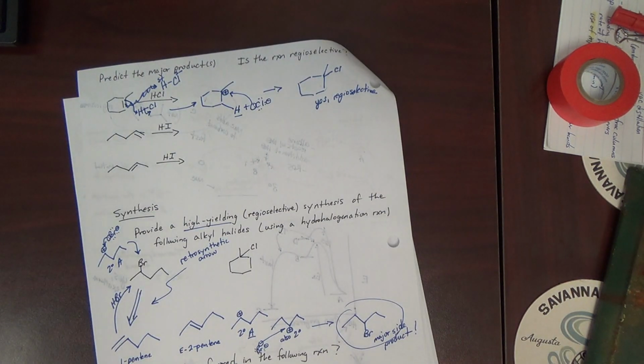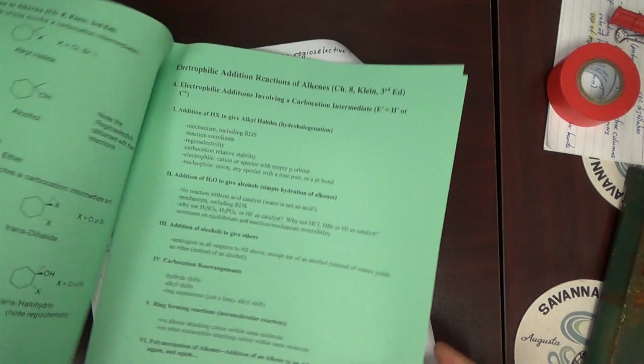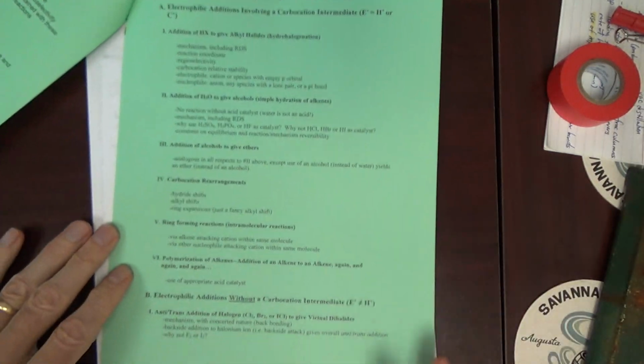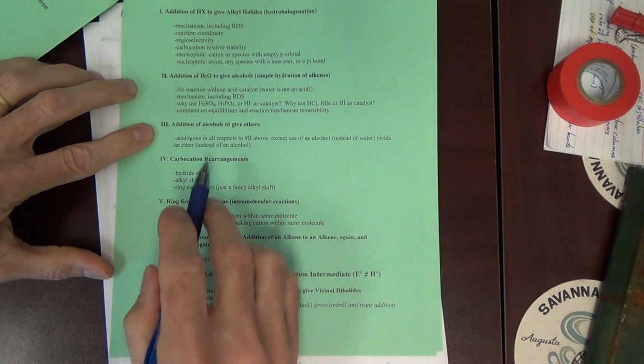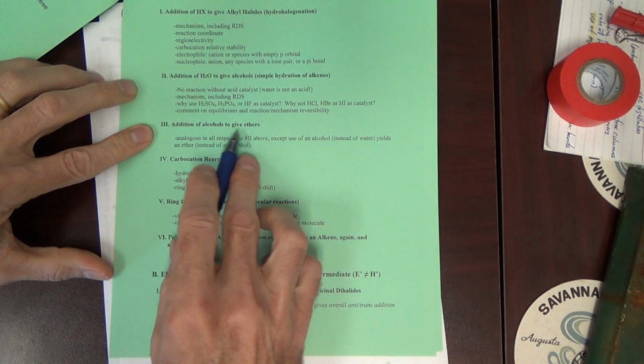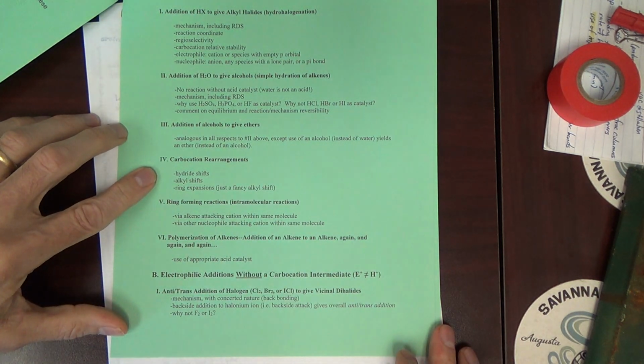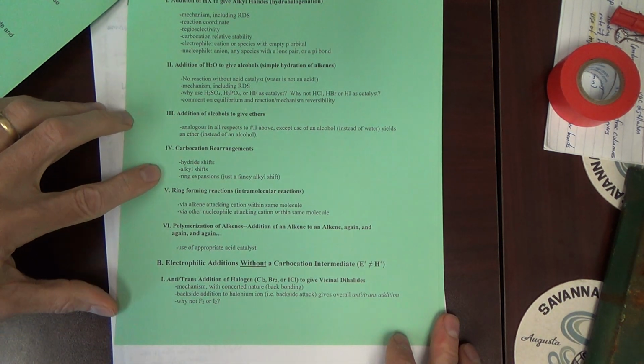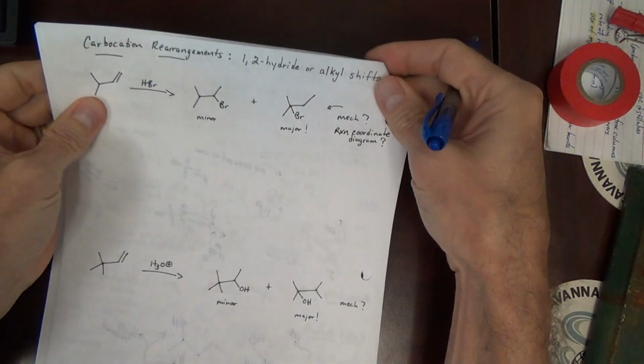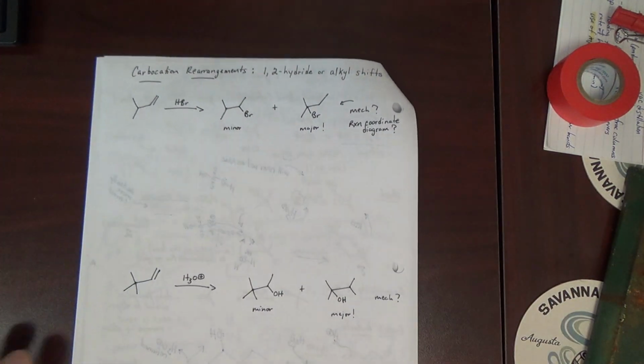What's next on our outline? So 3 was analogous in all respects to 2 above, and so we looked at how we can make ethers from alkenes. Next, we have carbocation rearrangements, ring-forming reactions. Let's see what's next here. And indeed, it's carbocation rearrangements.